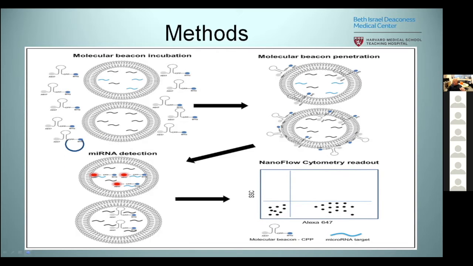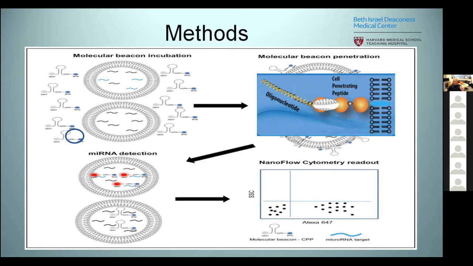The big thing here is this little CPP lettering, and a CPP is a cell penetrating peptide. That's going to bind onto these molecular beacons, the oligonucleotide sequence, and it can penetrate the cell membrane or the membrane of the EV and allow this interaction to happen. Without the CPP, they just stare at each other.